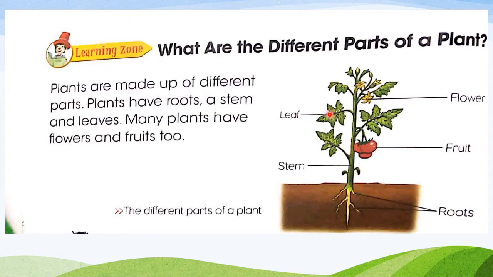Many plants have flowers and fruit too. This is a flower, this is a fruit, and this yellow color is the flower part. Okay students, remember all these parts: flower, fruit, leaf, stem, and roots. Roots are underground parts, and the parts above are the stem, fruits, flower, and leaf.